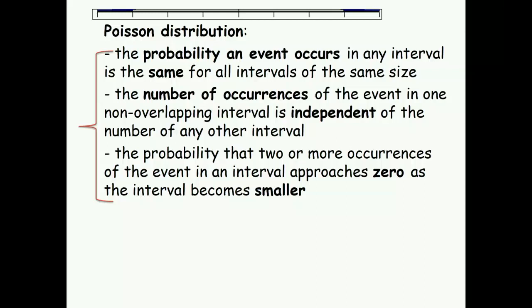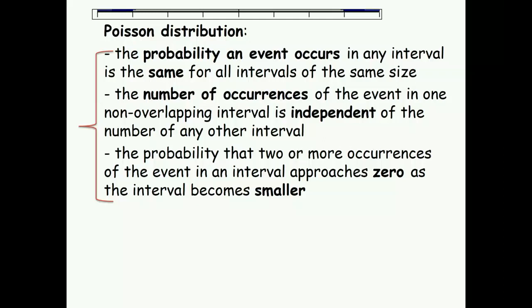The second one: the number of occurrences of the event in one non-overlapping interval is independent. Let's say, for instance, between 10 to 12. The number of people coming from 10 to 10:30 doesn't influence the number of people coming from 10:30 to 11. The number of people coming from 10:30 to 11 doesn't influence the number coming from 11 to 11:30.